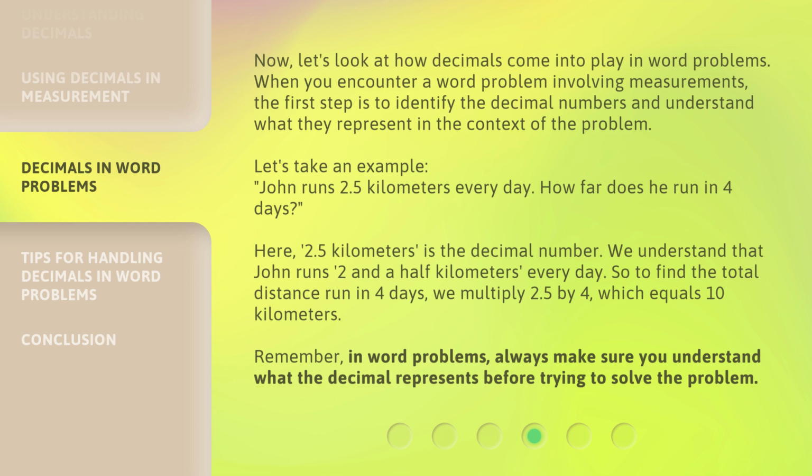Here, 2.5 kilometers is the decimal number. We understand that John runs 2.5 kilometers every day. So to find the total distance run in 4 days, we multiply 2.5 by 4, which equals 10 kilometers. Remember, in word problems, always make sure you understand what the decimal represents before trying to solve the problem.